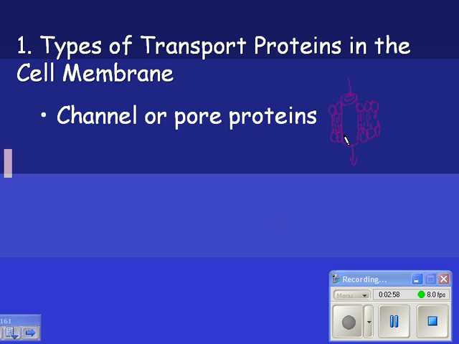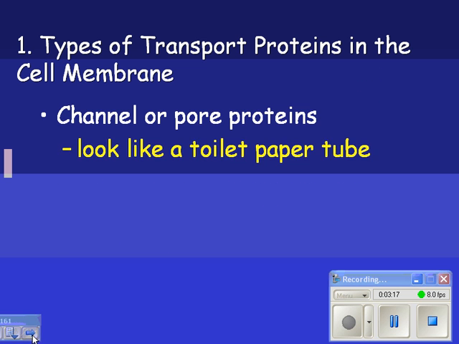It has to be the right size for whatever. It's pretty specific. It has to be the right size for letting in whatever it's letting in. So let's say this is for sodium, and so this is going to allow sodium to travel through. It has to have exactly the right size, and it has to be the right charges to let sodium through. So like I said, that looks like a toilet paper tube.